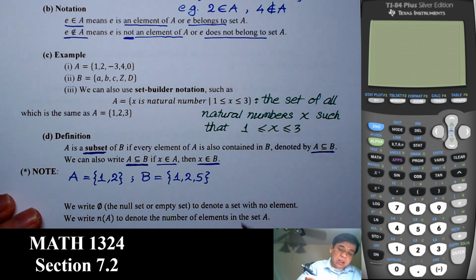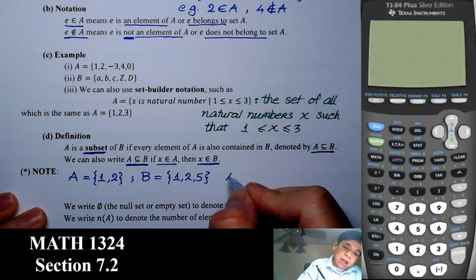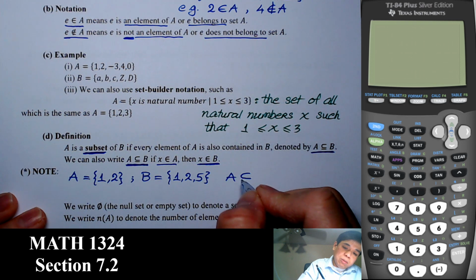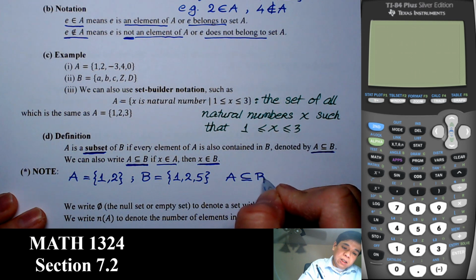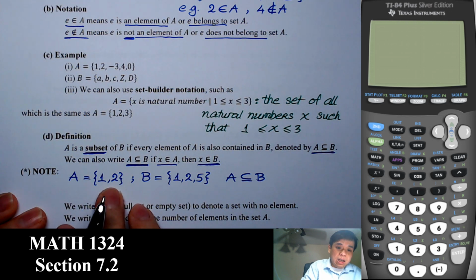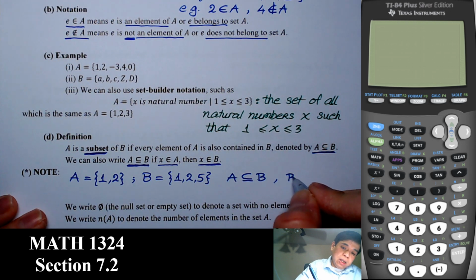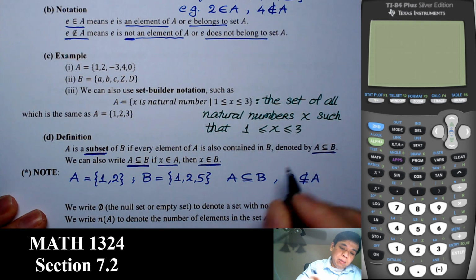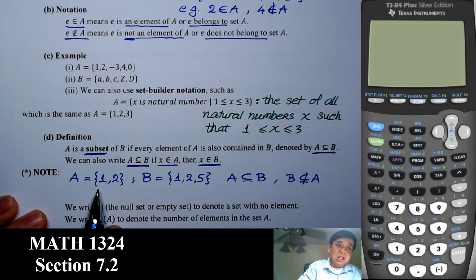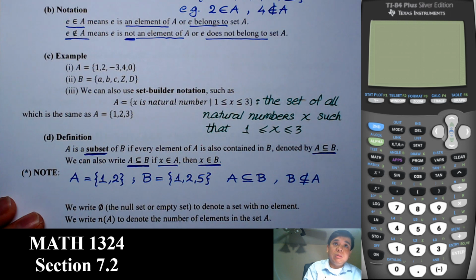In which case we say A is a subset of B, because whatever is in A also belongs in B. So we write A is a subset of B. We can also say B is not a subset of A, because the 5 is in B, but it's not in A.